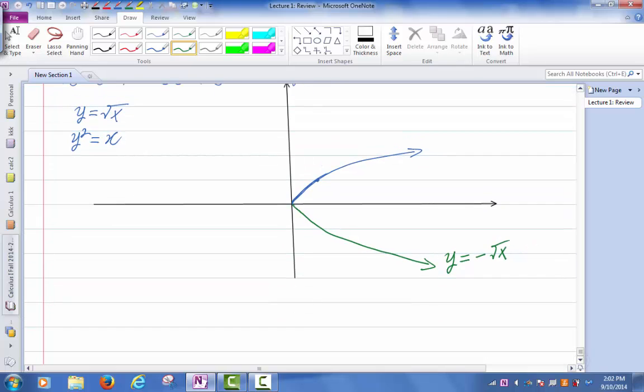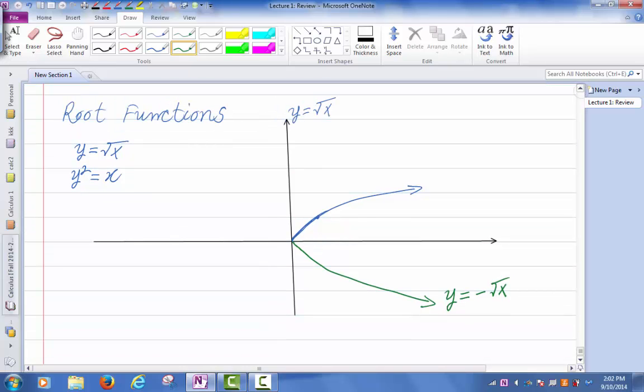Now, if I ask you what is the graph of x to the 1/4, notice that this is x to the half, right? What's the graph of x to the 1/4? So in red, I want to draw the graph of x to the 1/4.